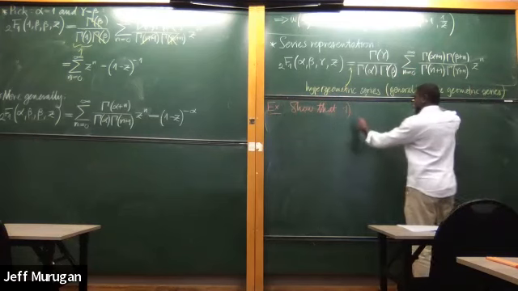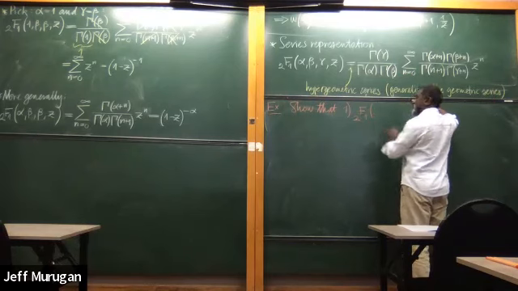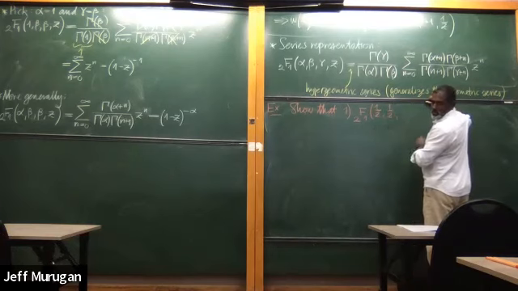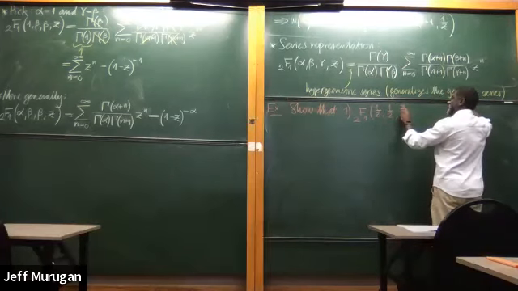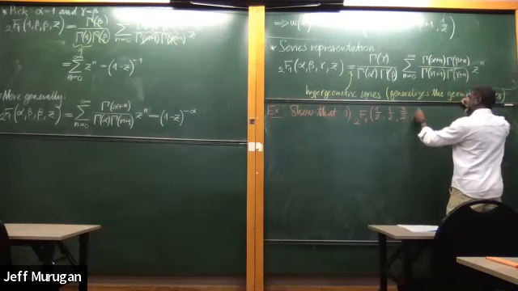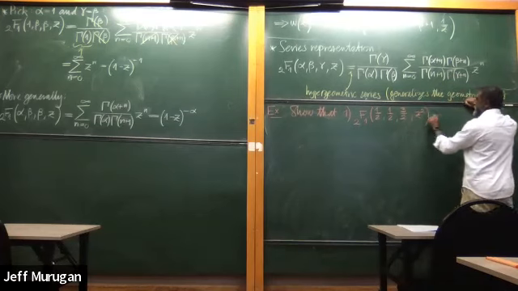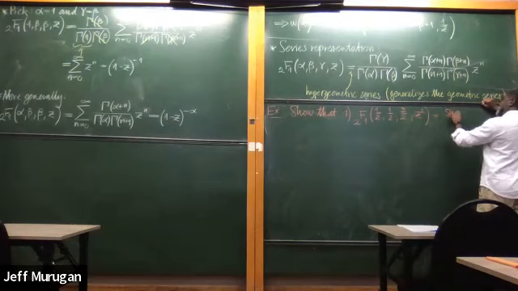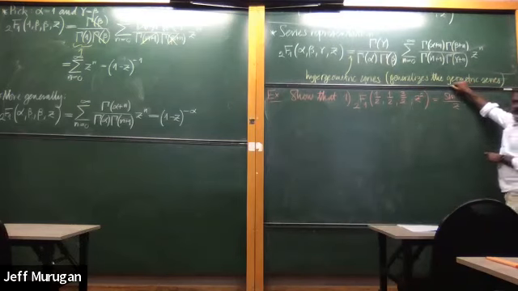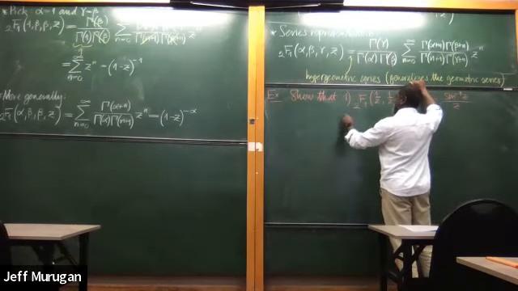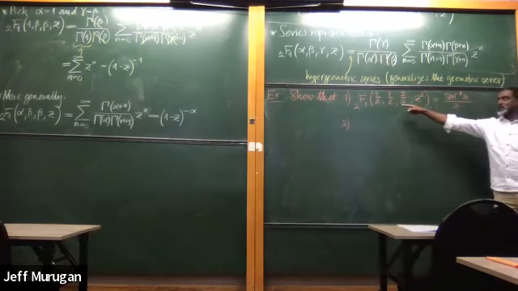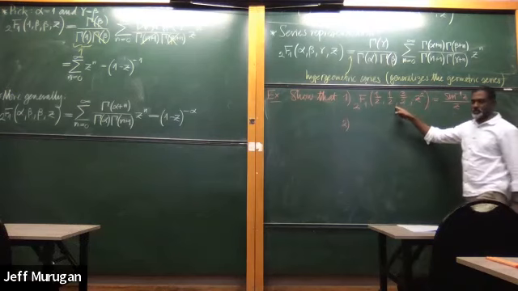I would like you to show that 2F1 of 1/2, 1/2, 3/2 with argument z squared is nothing but the inverse sine of z over z. So in this case, the inverse sine of z can be expressed as a particular hypergeometric function.